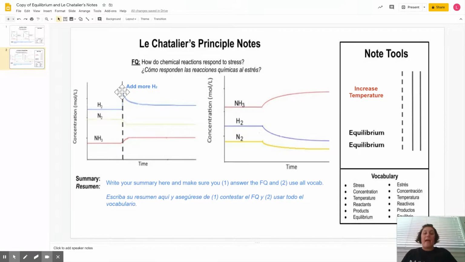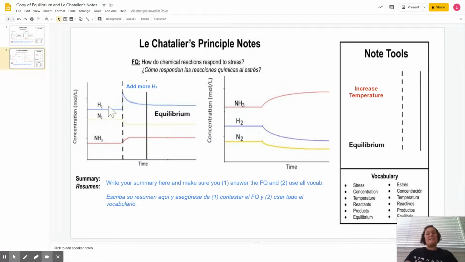So as this continues, these two are reacting together to form more of this product, NH3, and right around here, we see that the lines for all three of them have leveled off again. So we have reached equilibrium once more.